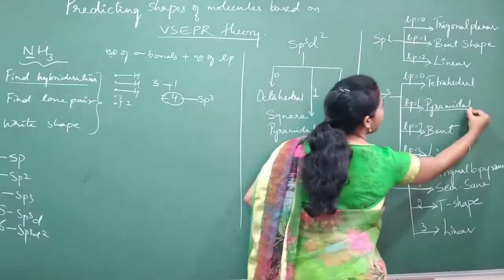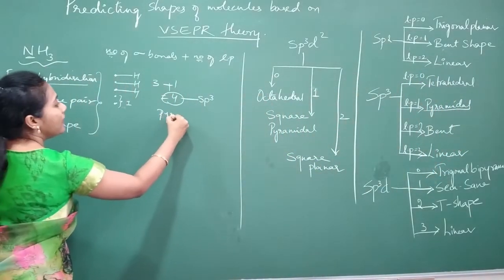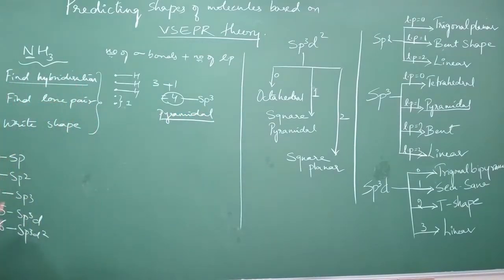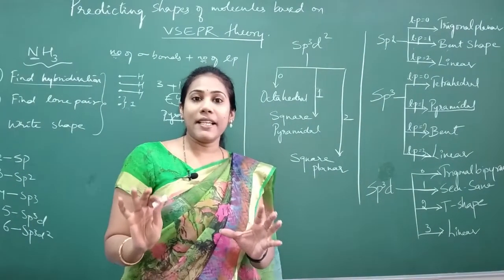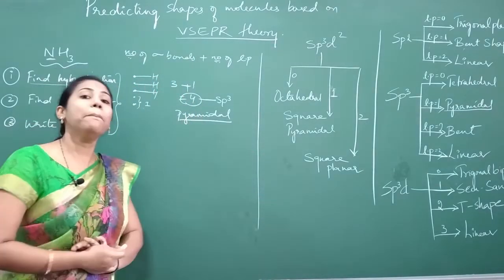So what is the shape of the molecule? The shape is pyramidal. So the shape of the ammonia molecule is pyramidal. So sp3 hybridization with 1 lone pair will have a shape called pyramidal.